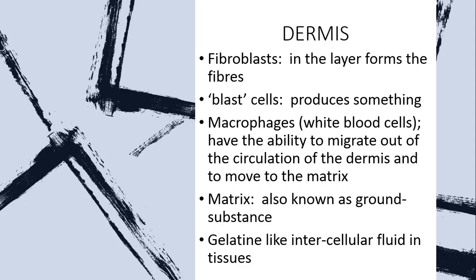Macrophages are white blood cells, and they have the ability to migrate out of the circulation of the dermis and to move to the matrix. The matrix is also known as the ground substance, and it's a gelatin-like intercellular fluid within the tissues.